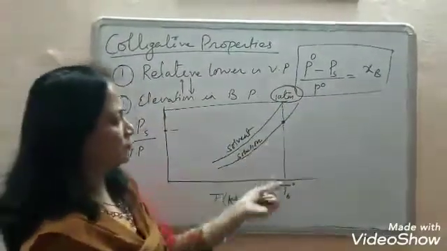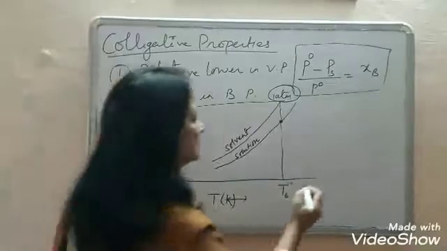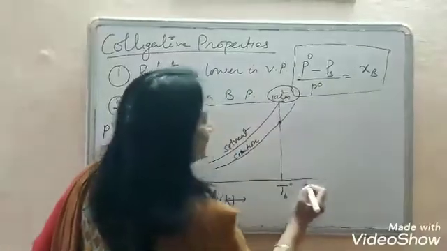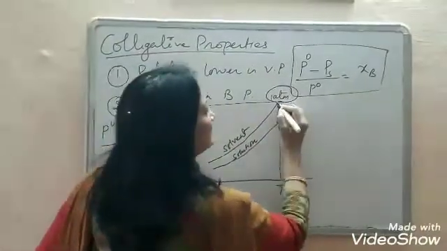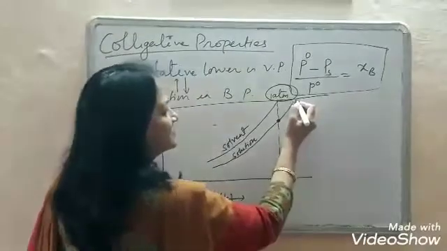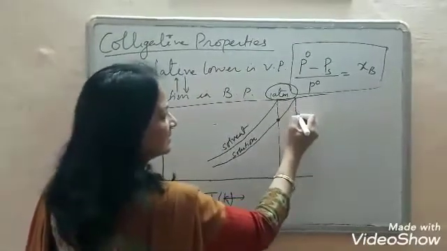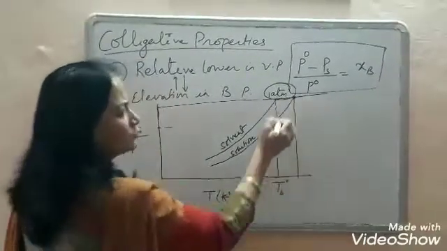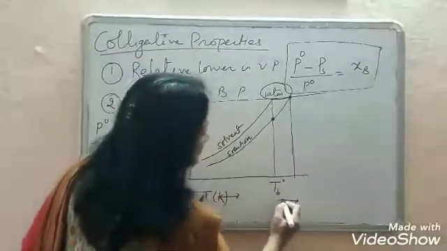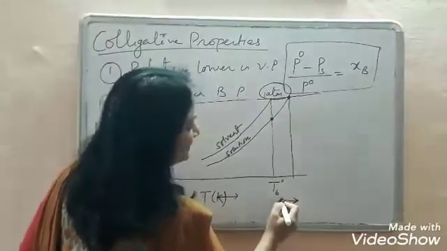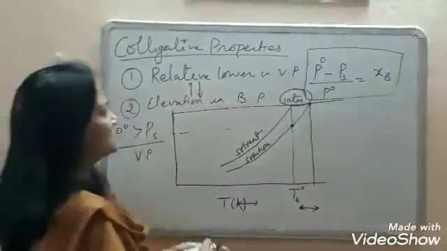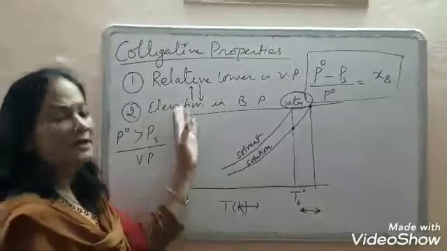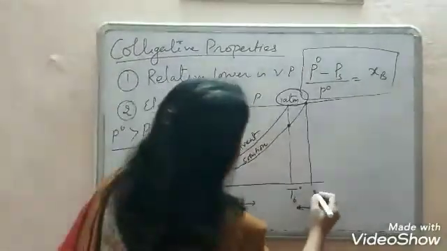So you have to heat the solution further, and by increasing temperature you will find this particular temperature where the vapor pressure becomes equal to atmospheric pressure. So you see, this is the increment in temperature, the boiling point. That's why we call it elevation in boiling point. So this would be Tb.